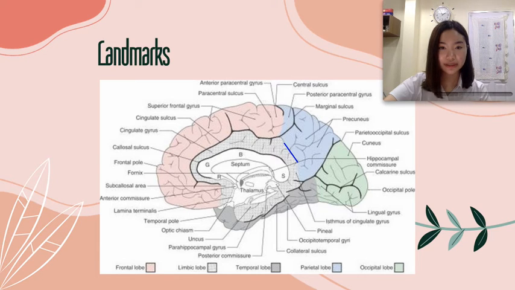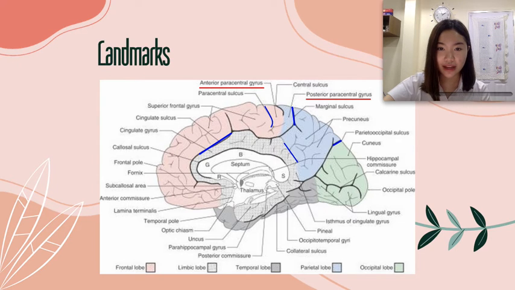Okay, so for this one, we can see the first line is called the subparietal sulcus. This is called the cingulate sulcus, and it also includes parts of the paracentral sulcus and marginal sulcus. And this is called the anterior paracentral gyrus and posterior paracentral gyrus, which are divided by the central sulcus.